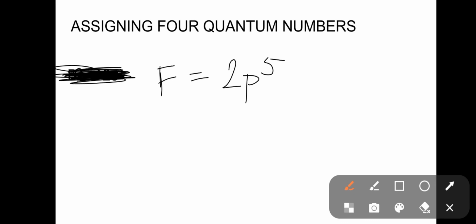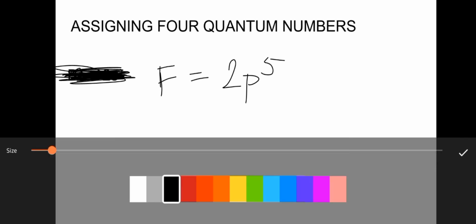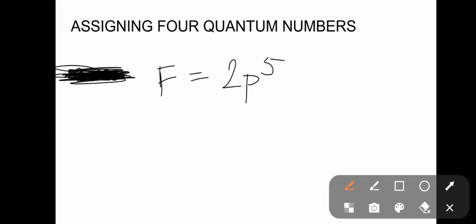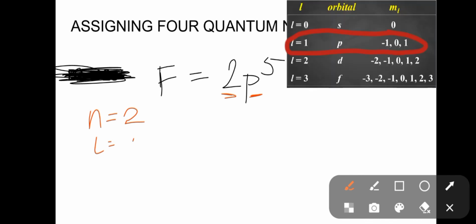We have the third example. Now, let's try to find the letter n. The letter n would be 2. And the L would be letter P. Ano ba yung equivalent ng letter P? P is number 1.